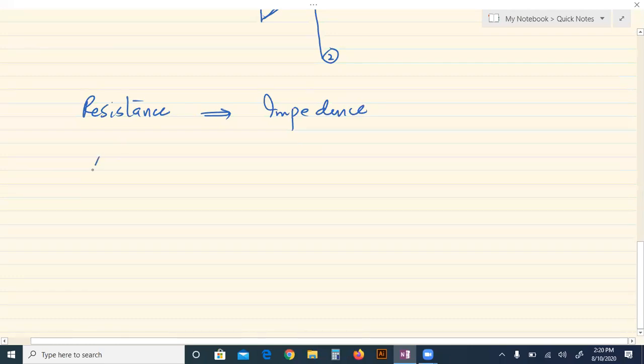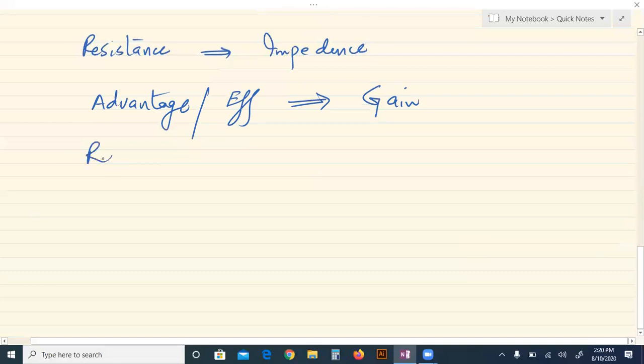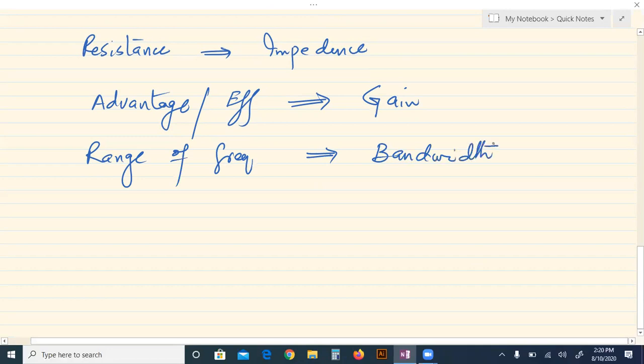The advantage, you can call it efficiency, is called gain, and also the ratio. The range of frequency in electronics is called bandwidth.